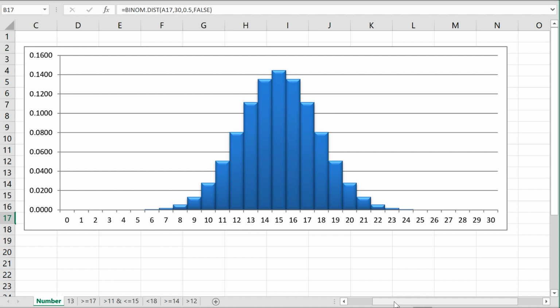It can't get any larger than that. If we're tossing a coin 30 times, we can't get 31 heads. So it's somewhere between 0 and 30 and whole numbers only. We can't get 13.5 heads or 20.25 heads. It has to be a whole number. So that's why our distribution is a bunch of these bars rather than a nice smooth distribution like the normal distribution is. Okay. All right.